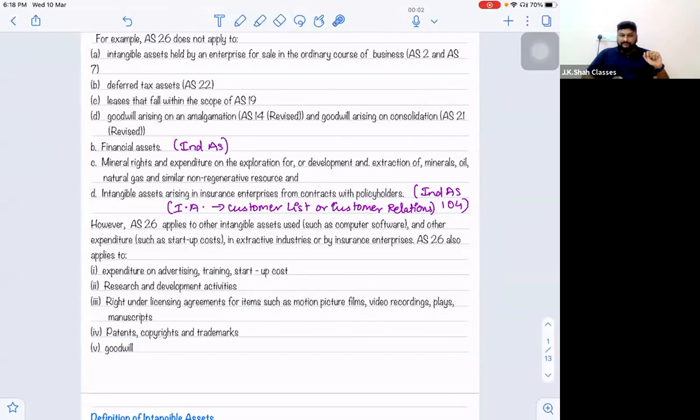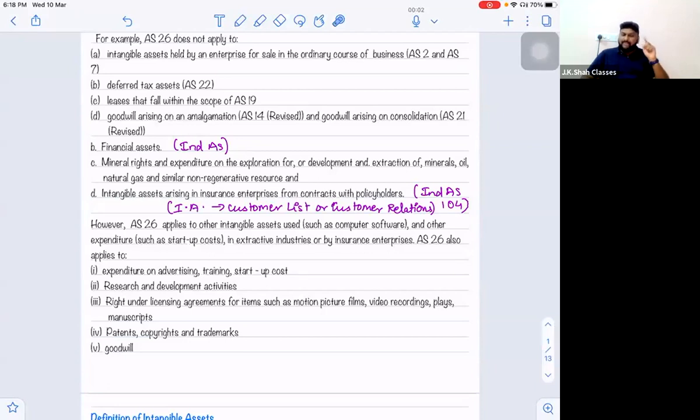Means, for example, say a production house sells their satellite rights to OTT platforms, Amazon Prime or Disney Hotstar or Zee5. So technically, they are charging a huge amount from these OTT platforms.